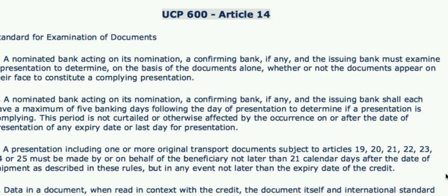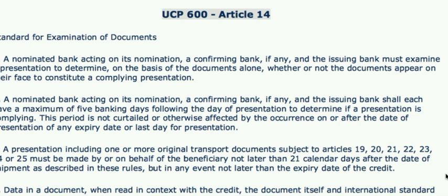It is not so that today is a banking day and in between there is a 5-day holiday and all those 5 days will count. No. Now they have clearly mentioned 5 banking days following the day of presentation. The day of presentation itself is not counted. So any bank, be it a nominated bank, a confirming bank or the issuing bank, each has a maximum of 5 banking days following the day of presentation to determine if the presentation is compliant, meaning if the documents are as per the terms of the documentary credit (LC).